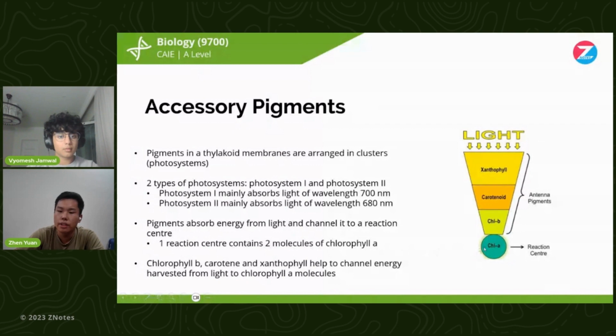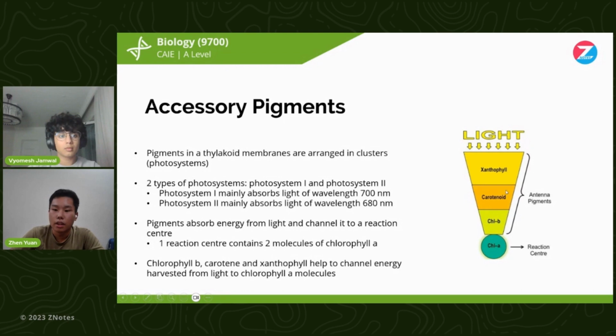If you see here, you have accessory pigments, which is chlorophyll B, and chlorophyll A. These are actually very different things. One is an accessory pigment, and one is in the reaction center. So what is the difference?